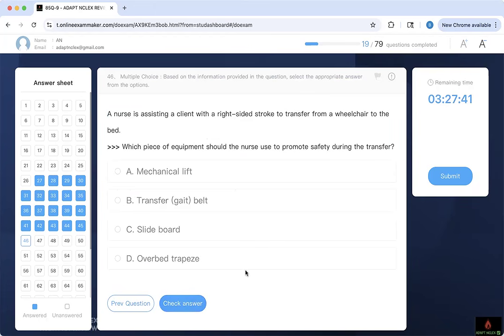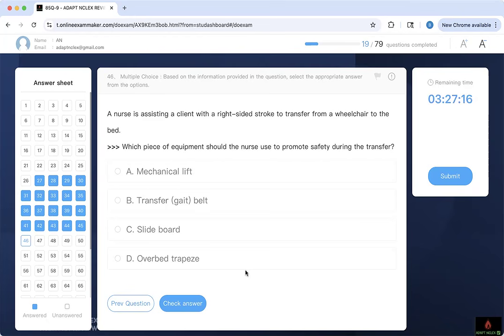Which piece of equipment should the nurse use to promote safety during the transfer? We've seen it in a different form, in select and apply. The answer choice is popping out right there because you know equipment to prevent injury when I'm transferring a patient is right there. A nurse is assisting a client with right-sided stroke to transfer from a wheelchair to the bed.